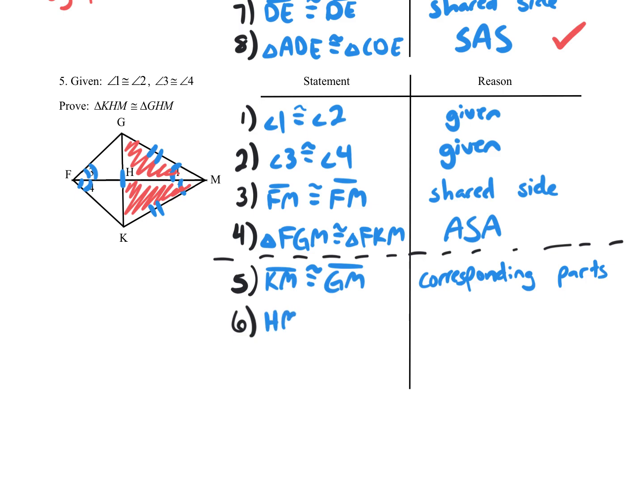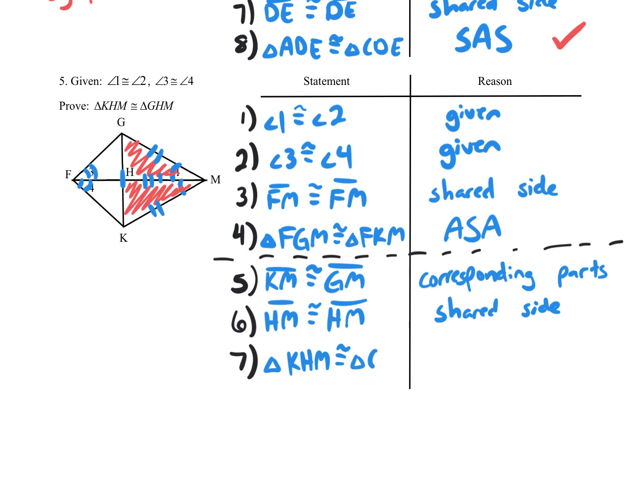So we know HM has to be congruent to HM because of a shared side. So if I mark that there, do we now have enough information to prove our two triangles are congruent to each other? Yes, so I can say triangle KHM is congruent to triangle GHM because why? Side angle side.